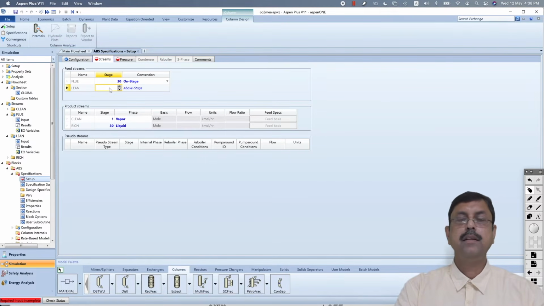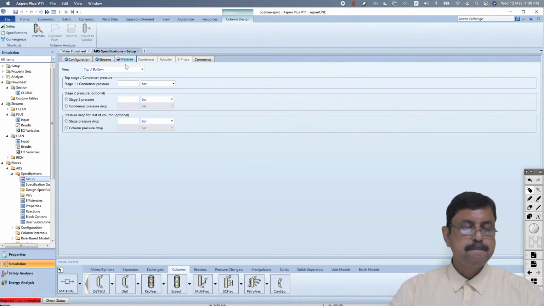Top stage is 1, then 2, 3, 4. 30th stage is the bottom stage. And lean amine will be poured above the stage 1. Here the clean gas or clean vapor will go out of the stage 1 and rich amine will pass through the stage 30 as a liquid.